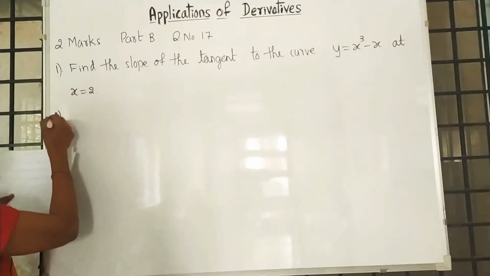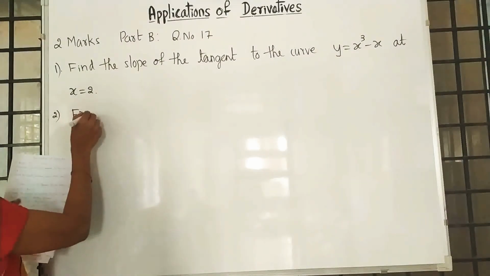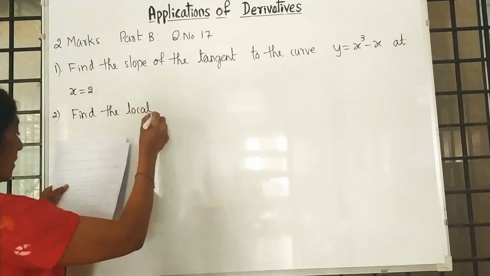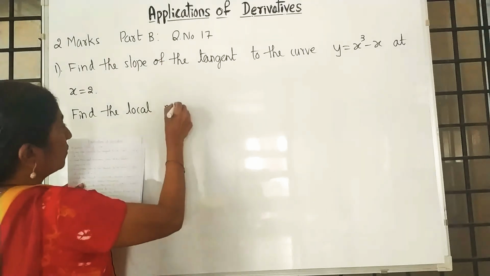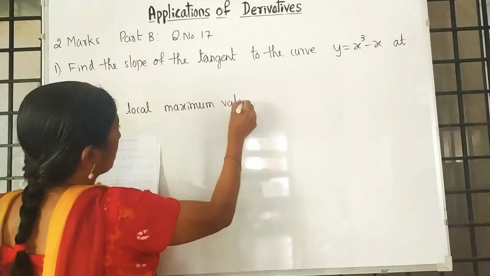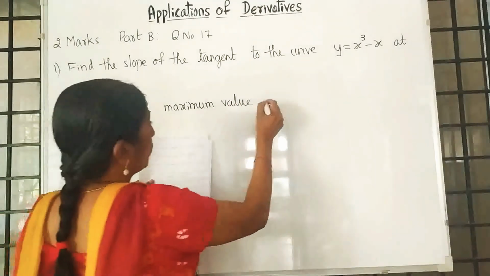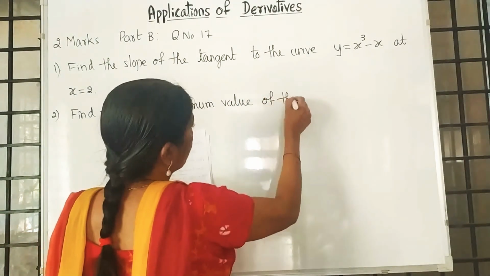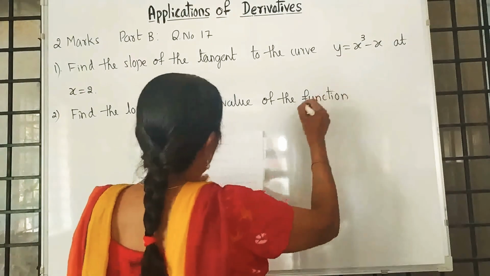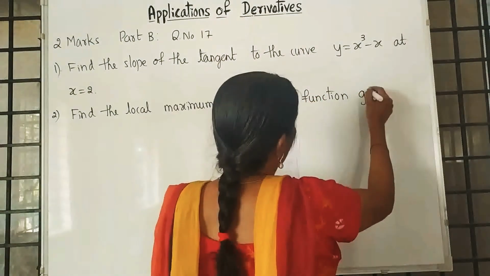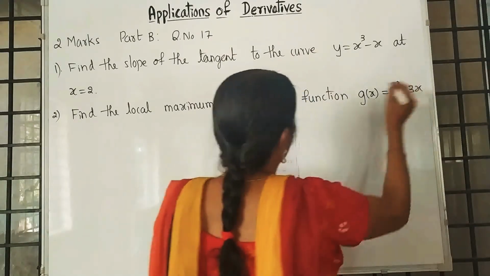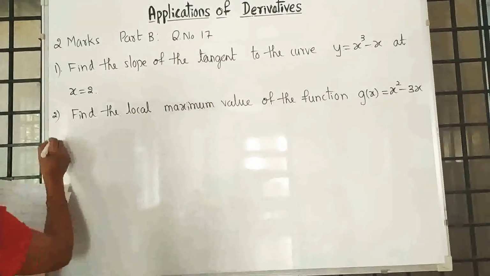Then second one, find the local maximum value of the function g of x is equal to x square minus 3x.